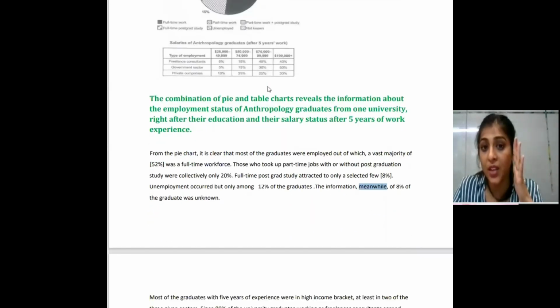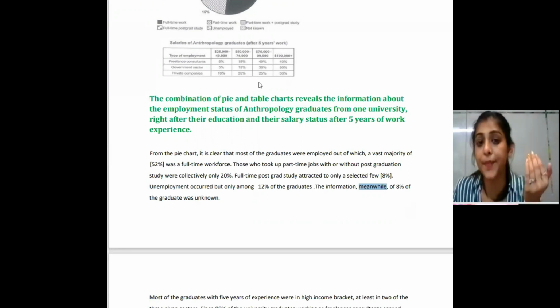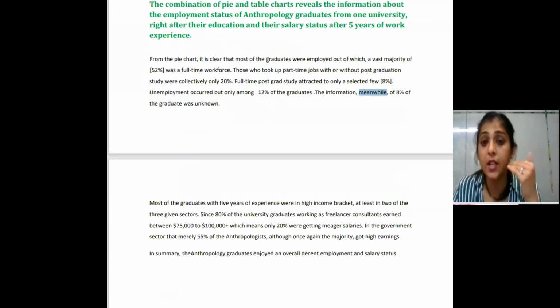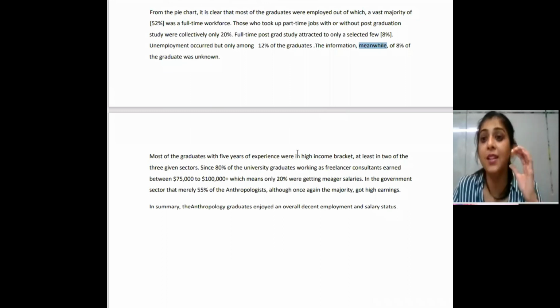Fine. Because we can see 80% in the case of freelance consultants, 80% from the government sector, and 55%, which is also more than 50. The data which is more than 50 is the majority. Got it now? So the common sentence for all these is: most of the graduates with 5 years of experience were in the high income bracket.